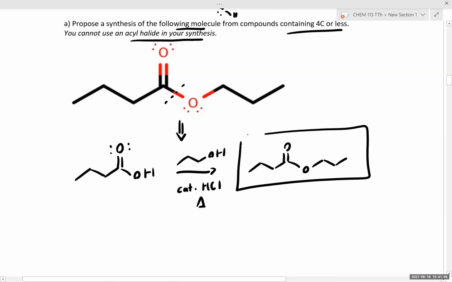So an easy way to prepare esters when you have a primary alcohol substituent is to use the Fischer esterification. Does this synthetic route make sense to everyone? Does this proposed synthesis make sense?